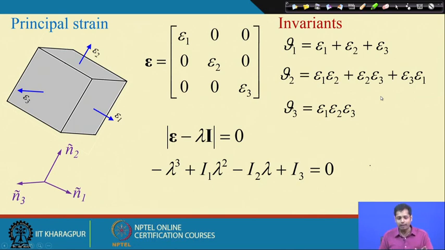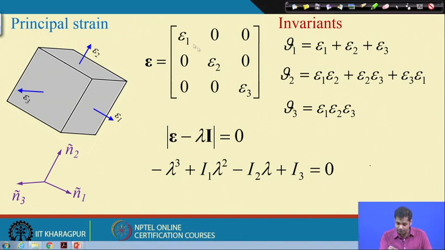Now, let us do a similar exercise for strain. Again we have principal strains in 3 directions, epsilon 1, epsilon 2, epsilon 3, with corresponding invariants. In a similar way we can define invariants for strain with respect to any coordinate system. Your invariants remain unchanged. The first invariant is the trace, the second is the sum of cofactors, and the third is the determinant.